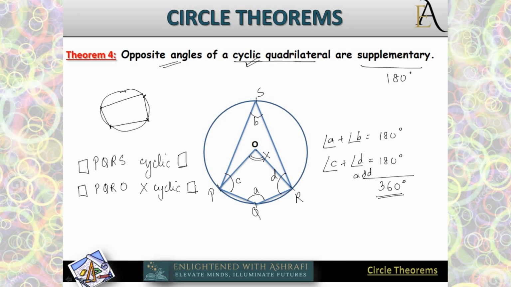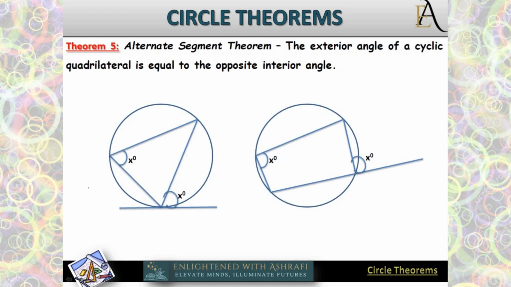cyclic quadrilateral. The alternate segment theorem states that the exterior angle of a cyclic quadrilateral or a triangle is equal to the opposite interior angle. So it is very important that the quadrilateral or the triangle be cyclic, having an exterior angle. Then this exterior angle will be equal to the opposite interior angle.